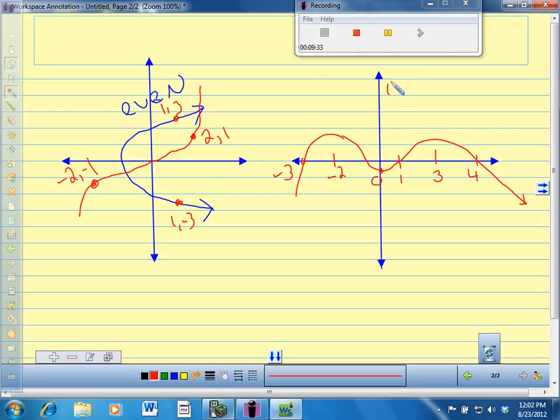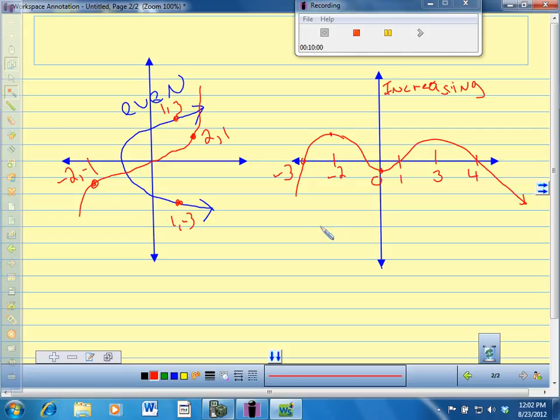Who can tell me where it would be increasing? In other words, where is it going uphill? Go ahead there, Sam. Good. So it's increasing from here to here until you get to about this point.